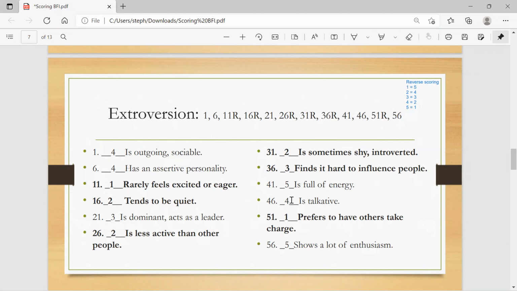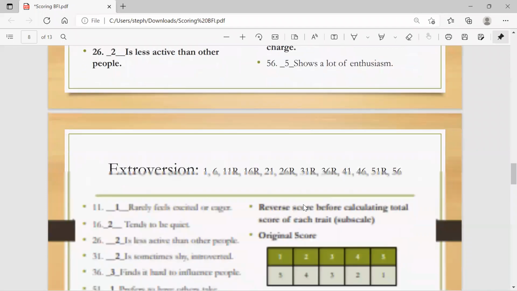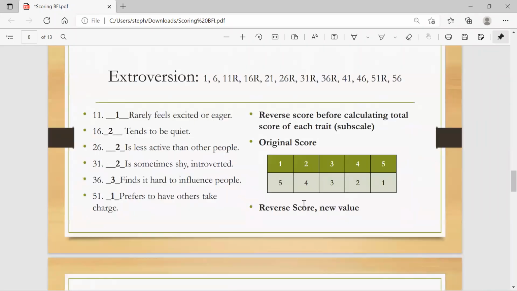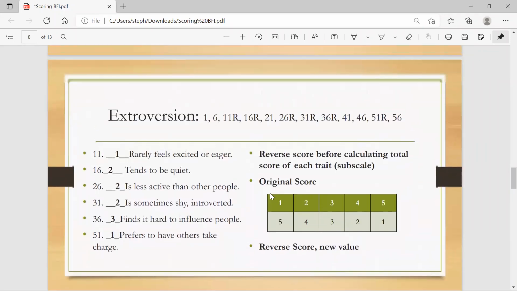So let's look at the actual scores. Oh, I did write it here. Okay, so the original score, if you scored a 1, it's now 5, 2 is now 4, 3 is a 3, 4 is a 2, 5 is a 1. Only for the ones that are reverse coded, such as that have an R next to it. So item 11, item 16, this one.